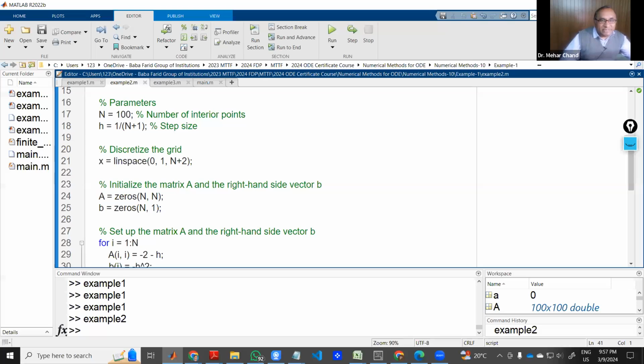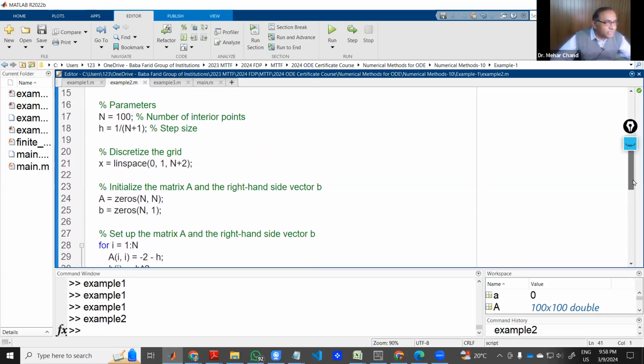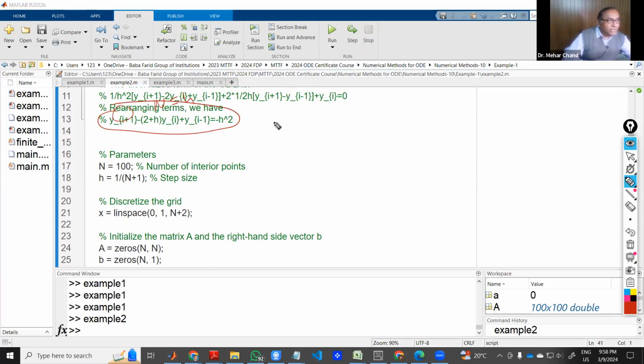If you take a particular case, this will be fine. Suppose we have n equal to 4, and according to that we will do it. So the equation which we reduced at this place is yi plus 1 minus 2 plus h yi, plus yi minus 1 is equal to minus h square.